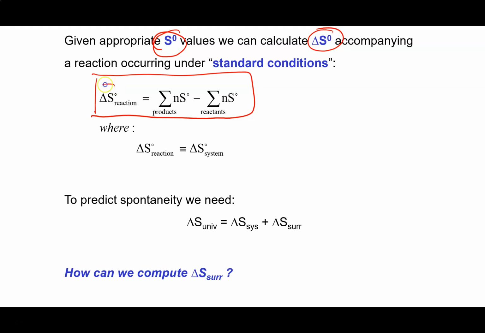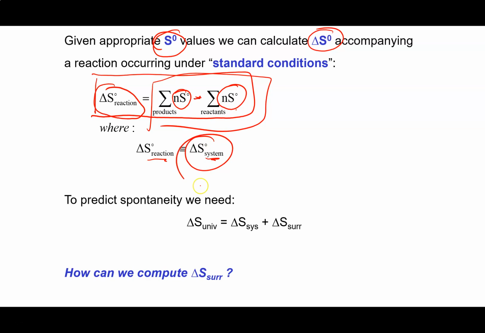To get the entropy change for your reaction, you add together all of the standard molar entropies of your products, and then subtract from that the sum of all of the standard molar entropies of your reactants. And by delta S reaction here, we mean delta S system. There are tables in the back of the book. We can use the values in the tables to do this math.